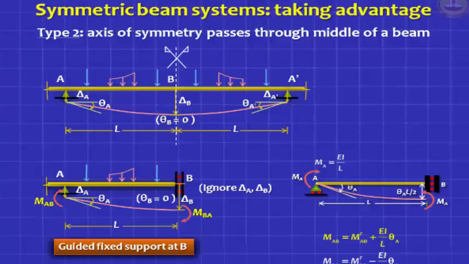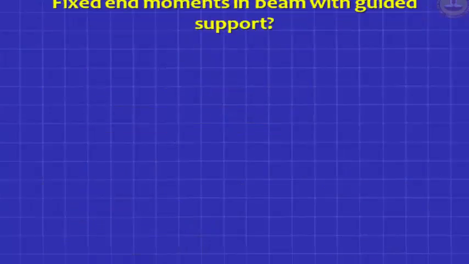We saw this in today's session. Now the slope distribution equations, only theta A, and for BA minus EI by L theta A. If you do it this way, you can do it much faster than any other method. So we are trying to take advantage of symmetry, reduce our degree of kinematic indeterminacy, and solve the problem much faster.